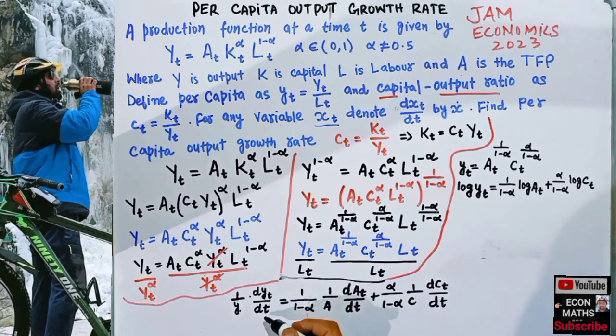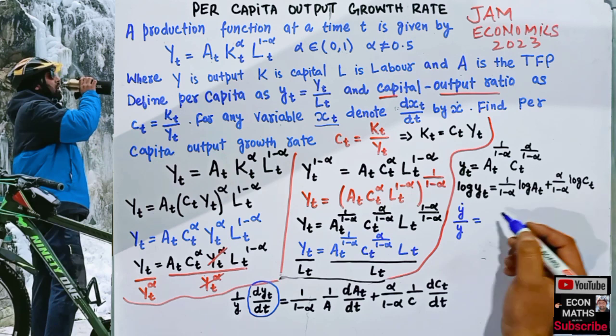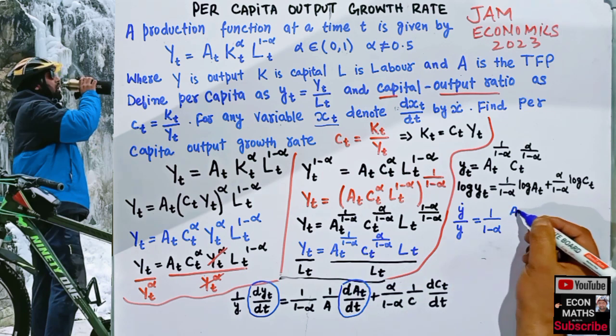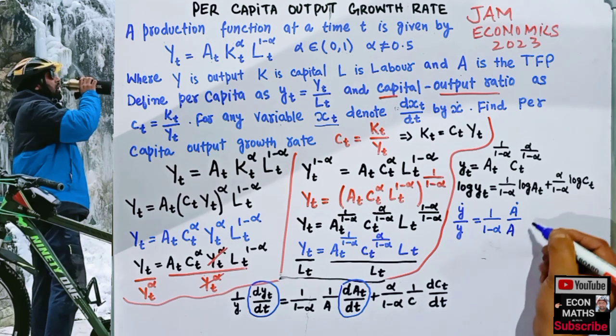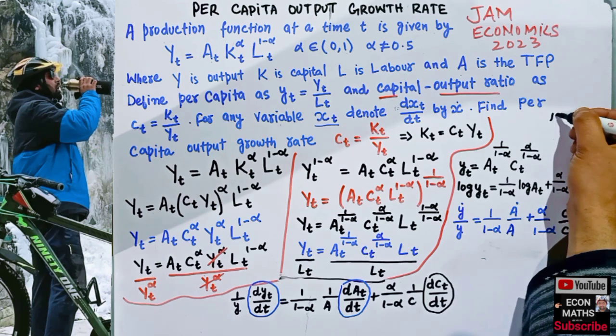So dy_t divided by dt is y dot, and in this place I can write y_t as the denominator, so we have y dot divided by y is equal to 1 divided by 1 minus alpha, then this is denoted by A dot, so we write A dot divided by A, plus alpha divided by 1 minus alpha, and this is denoted by C dot, divided by C. Here in place of C we actually have K dot.